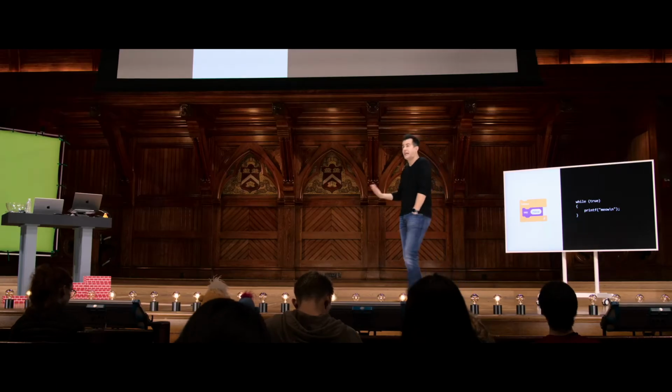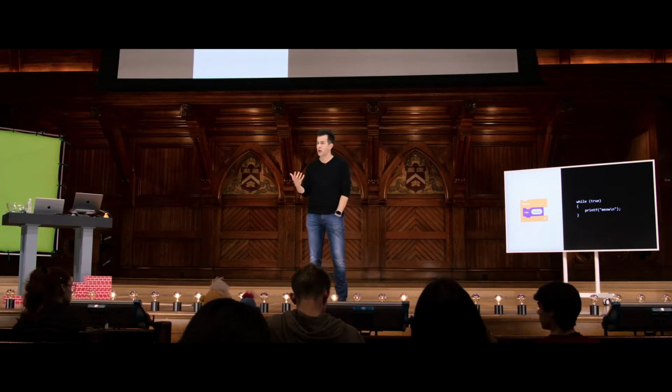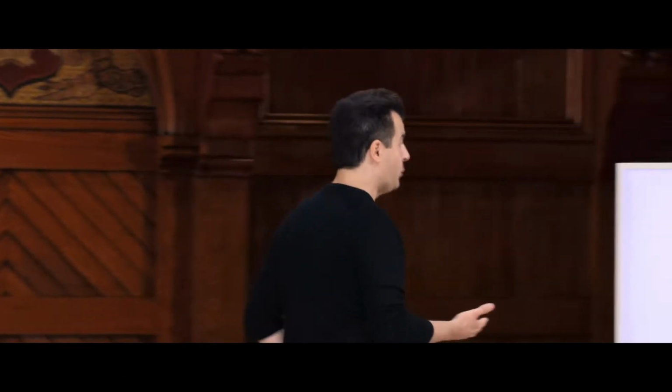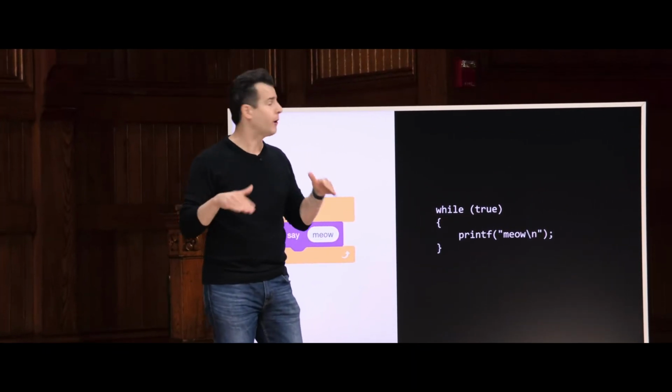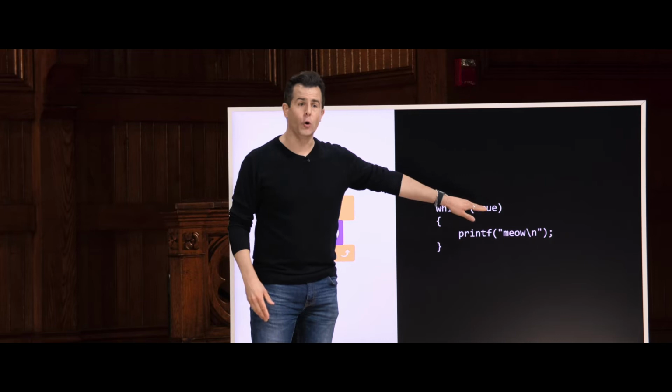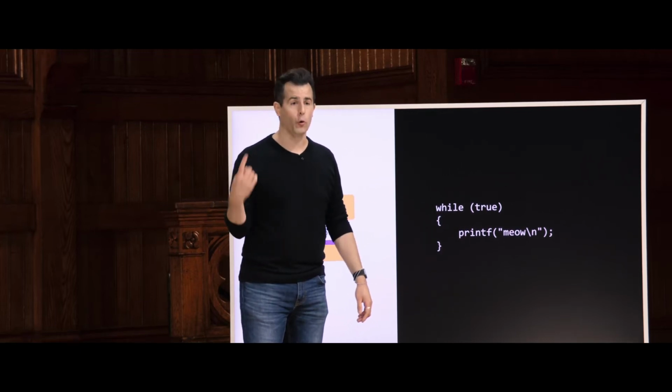And a Boolean expression is, again, a yes/no, a true/false question. But if you want the answer to that question always to be yes, or really always to be true, it turns out in C, in a lot of languages, we'll then just say true. Because true, T-R-U-E, is never going to change magically to false. I mean, it's just a special word in the programming language. So by saying while true, it just means do the following forever.